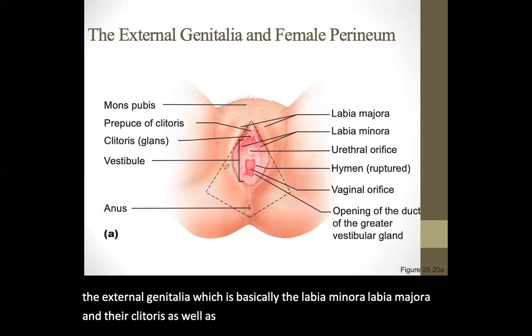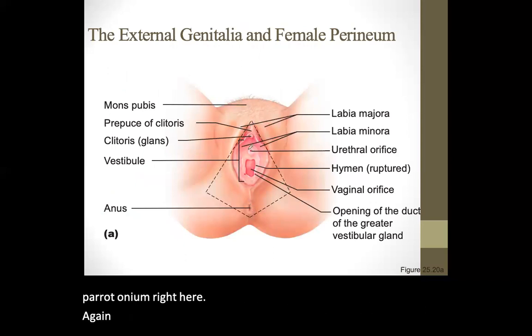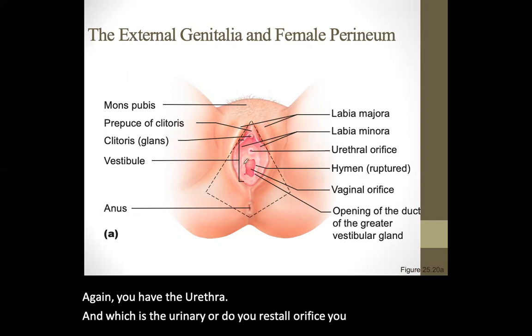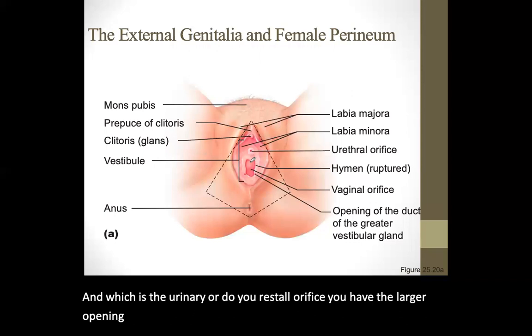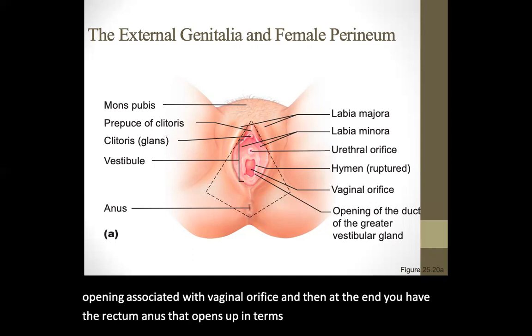So right here, you can see the perineum. Again, you have the urethra, which is the urinary or the urethral orifice. You have the larger opening associated with the vaginal orifice, and then at the end you have the rectum, sorry, anus that opens up in terms of digestive system.